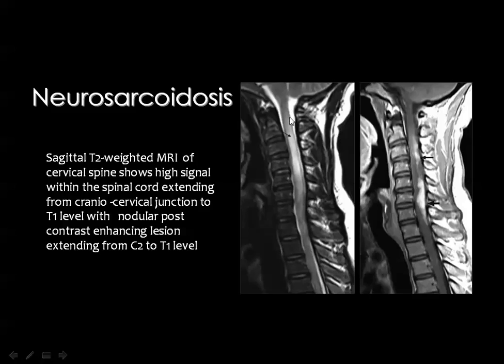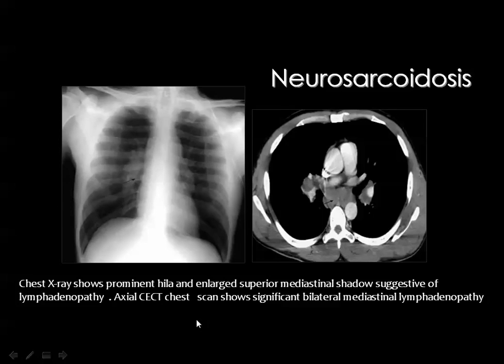This is also an appearance of sarcoid. There is diffuse swelling of the spinal cord with diffuse increase in the T2 signal of the cord parenchyma in the cervical region. And after contrast injection, you get, let's say, masses or big lesions along the dorsal aspect of the cord showing contrast enhancement.